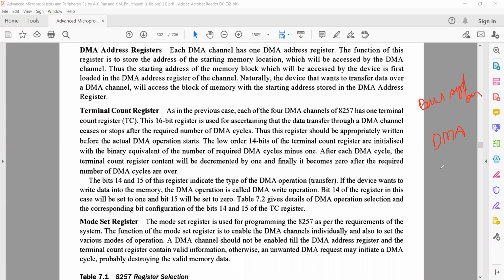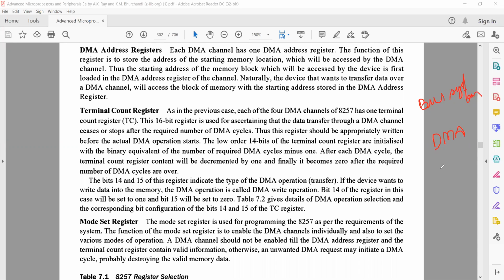That means when you request a data transfer, the CPU hands over the bus system to the DMA and proceeds with the data transfer. For how much time does the CPU have to release its bus system? That is the question. Throughout the life of the microprocessor, it cannot give access to the DMA.